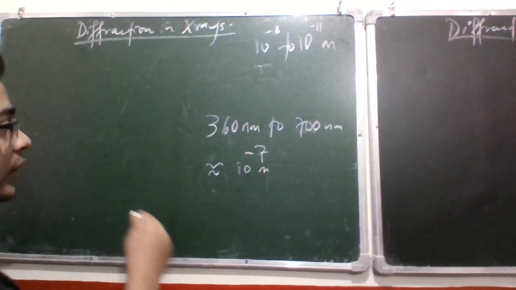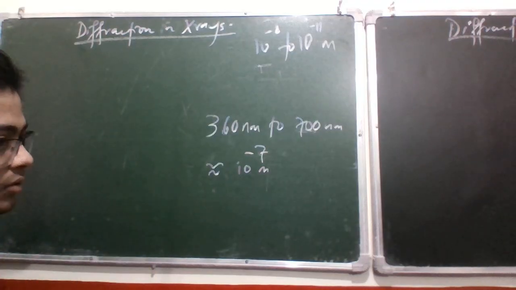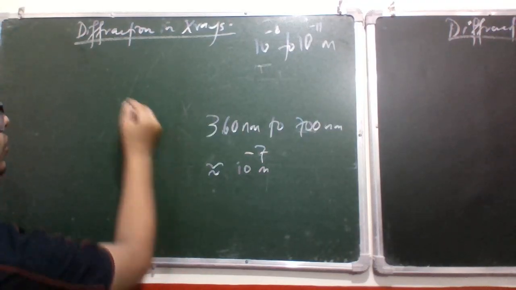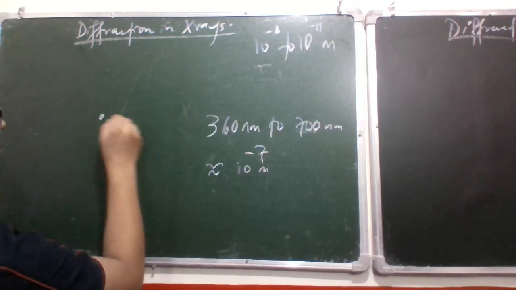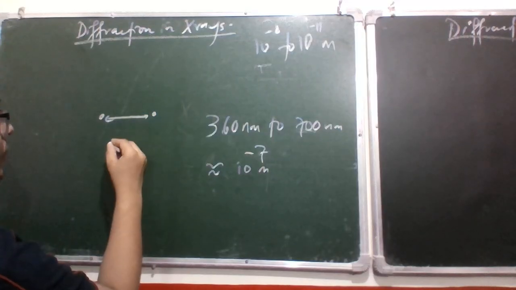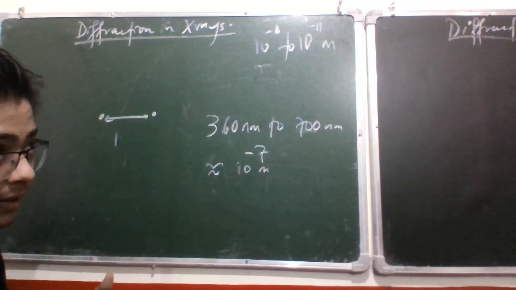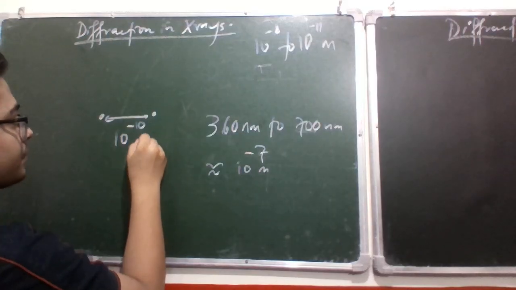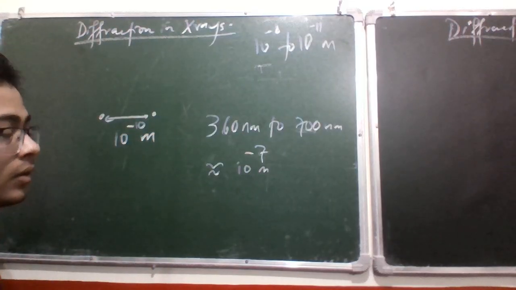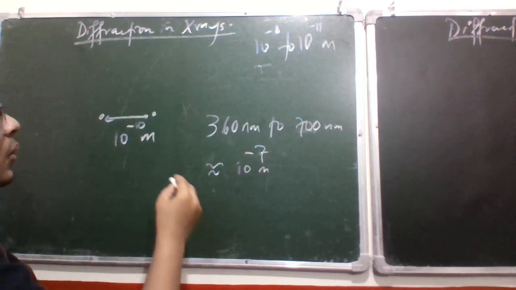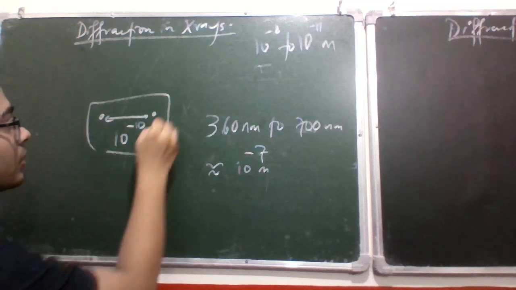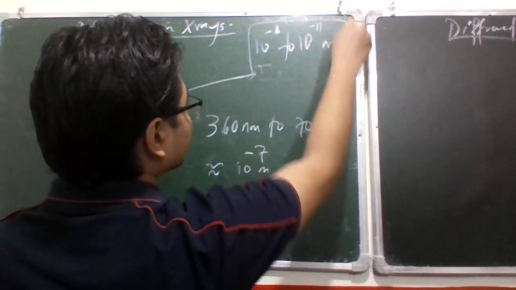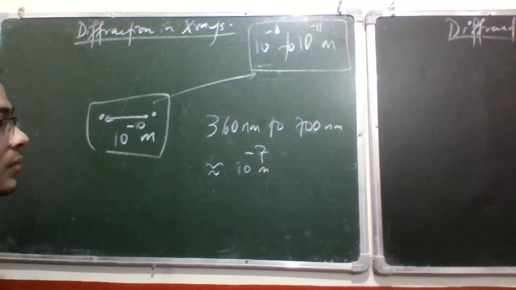We know that the distance between two atoms in a crystal lattice is 10 to the power minus 10 meter, which is very comparable to our X-ray range of wavelengths.